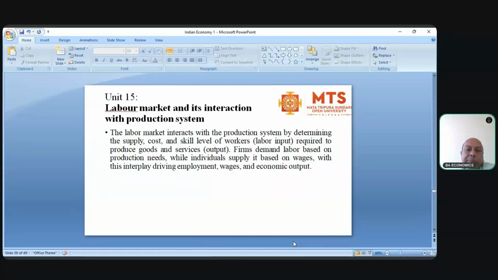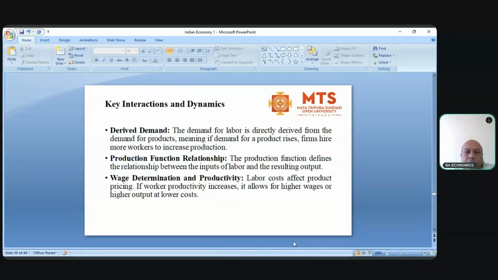So wage is an important factor for controlling the supply of labor, and demand for goods is an important factor which controls the demand for labor.